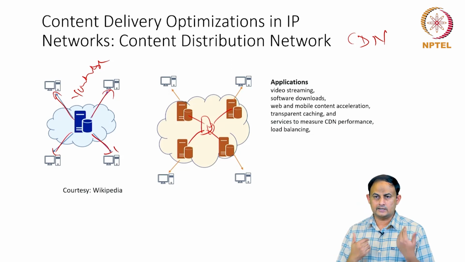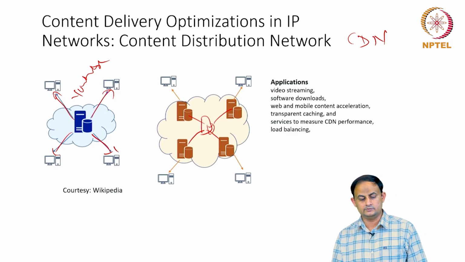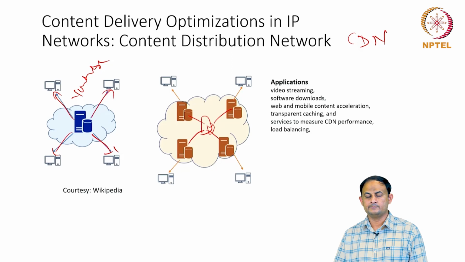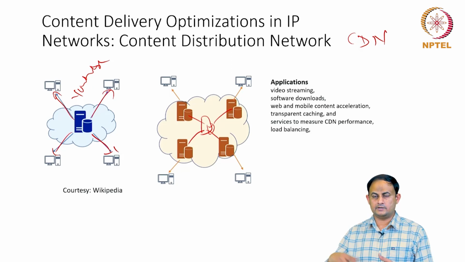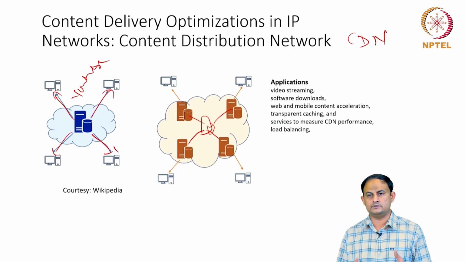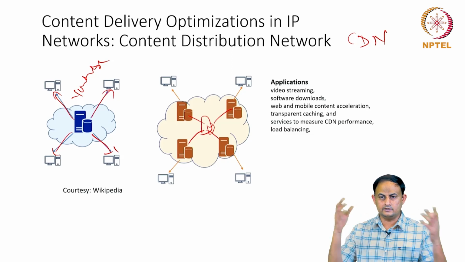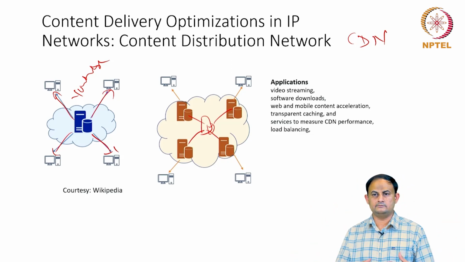In addition to that, content delivery networks also bring localization. Because I have kept the server locally, closer to the end users where the consumers are located, I can also localize the content. For example, the Indian YouTube server can host content which is India centric, content developed by Indian content developers and likely to be consumed by Indian consumers.